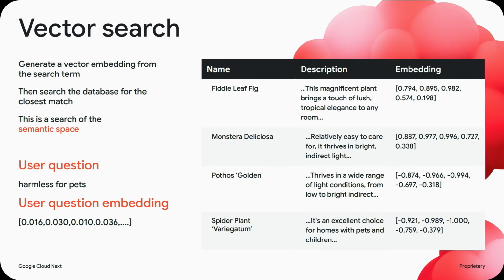But every plant name and description becomes an embedding that we store in our database, and then we can search on them. So if the user question is harmless for pets, we take that, generate a vector from it, and then search for vectors that are similar to what the user was looking for. And that's when we find a close match.